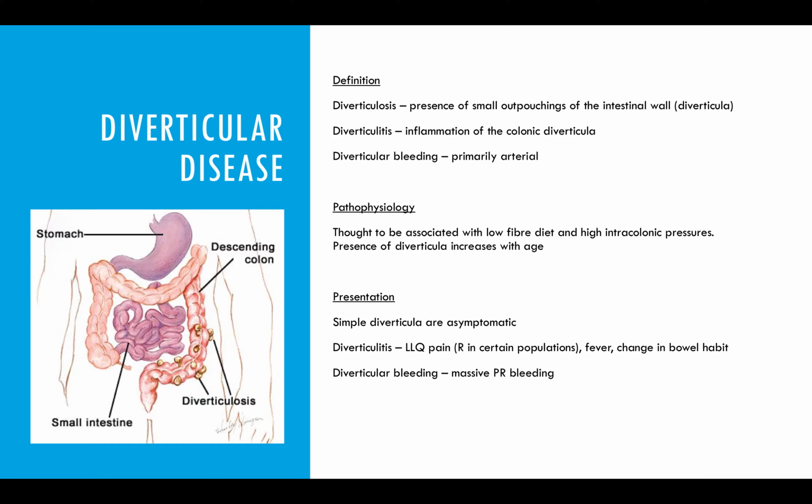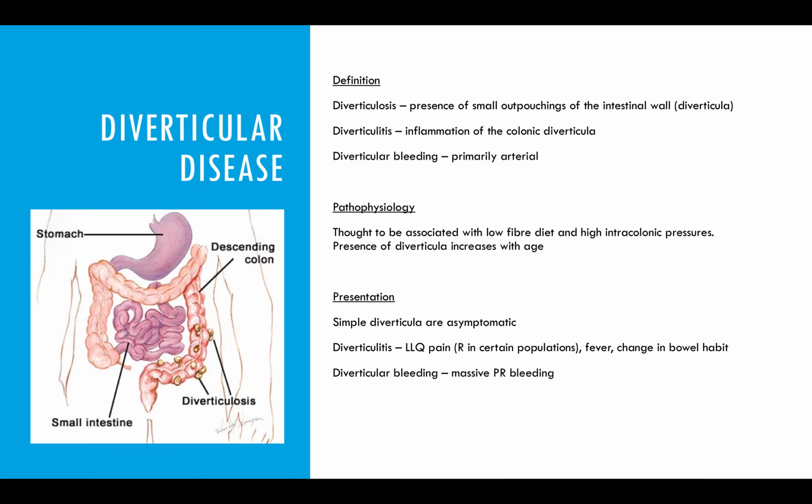Now, diverticular bleeding can be very, very severe. With these outpouchings, because of the way they are through the striae in the colon, this bit that's stretched here basically has an artery stretched over the top of it. So if, for example, something gets in the pouch and scratches the mucosa, they can have arterial bleeding, and it can be very significant.